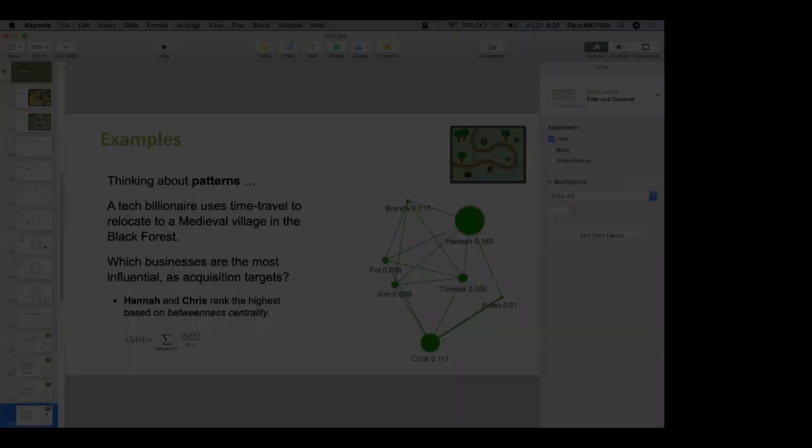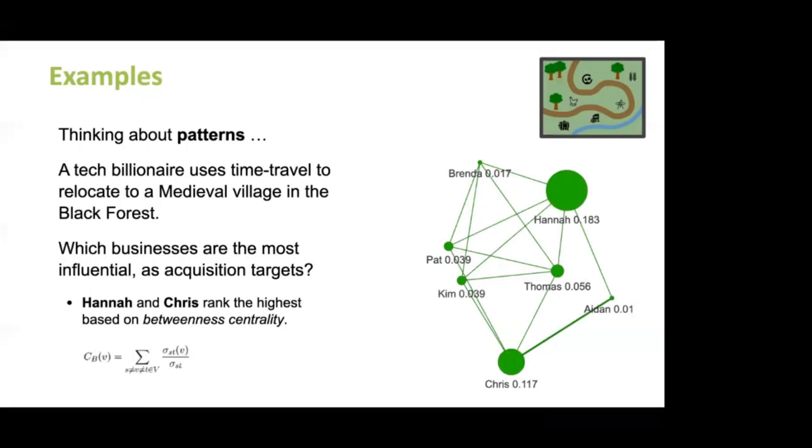Okay. Well, let's just say, for instance, if a tech billionaire did use time travel, which businesses are the most valuable from this village? In other words, who would we look at as potential acquisition targets?